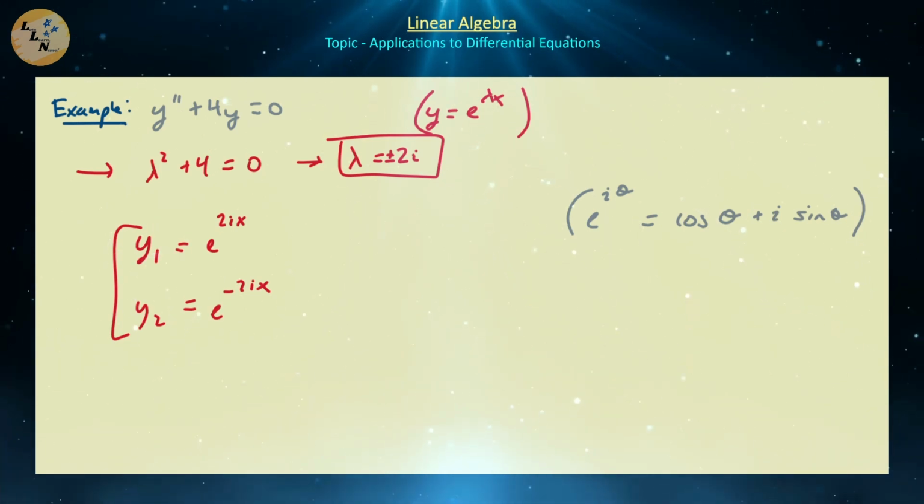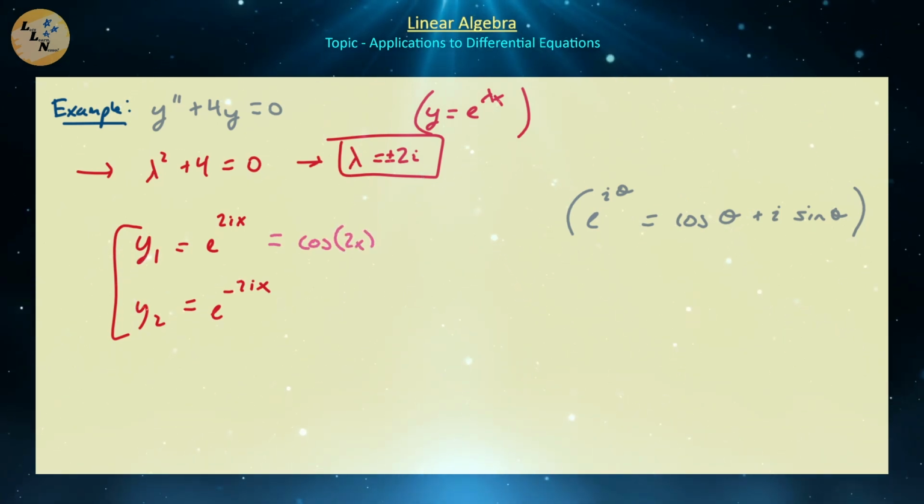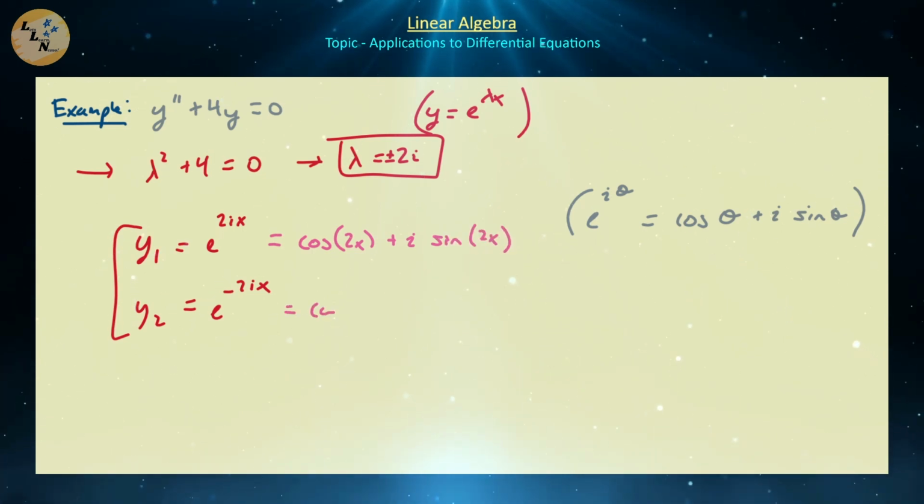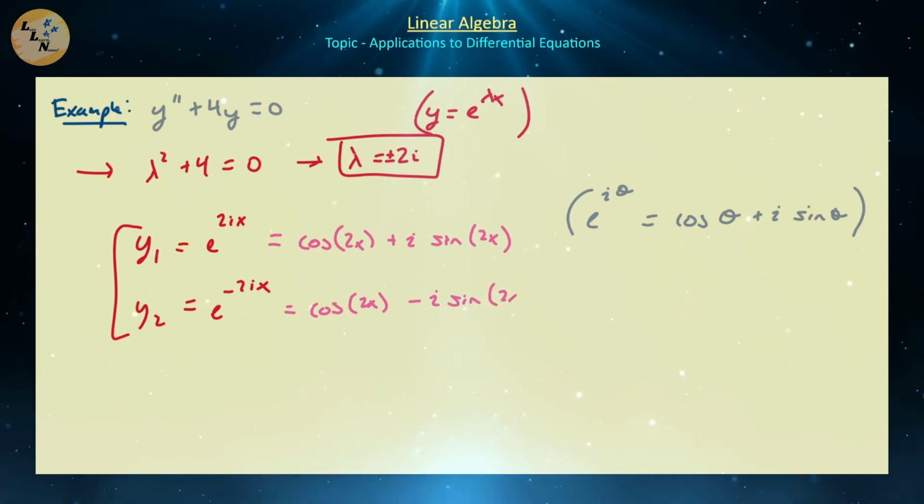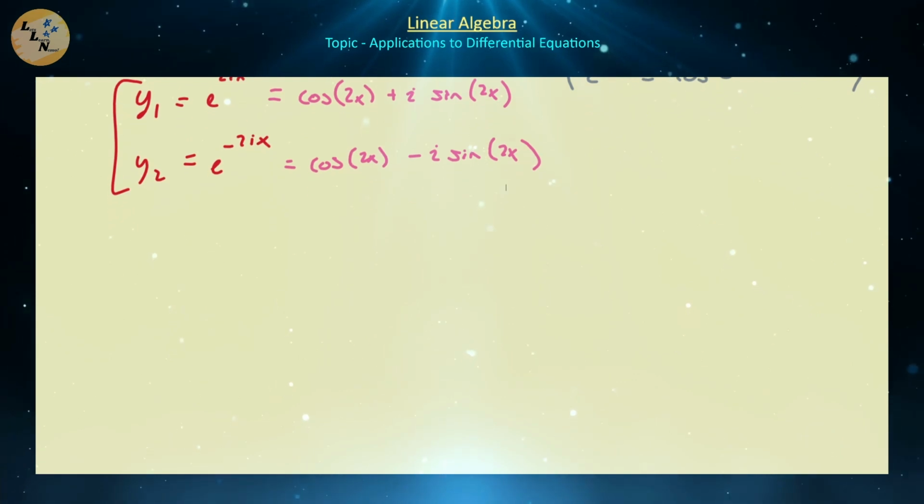And if you remember the even and odd properties of cosine and sine, then you can represent these in very nice ways. In particular, e to the 2ix is just going to be equal to cosine of 2x plus i sine 2x, and e to the minus 2ix is going to be equal to cosine 2x minus i sine 2x. So, just as before, the general solution is going to be linear combinations of these two functions.